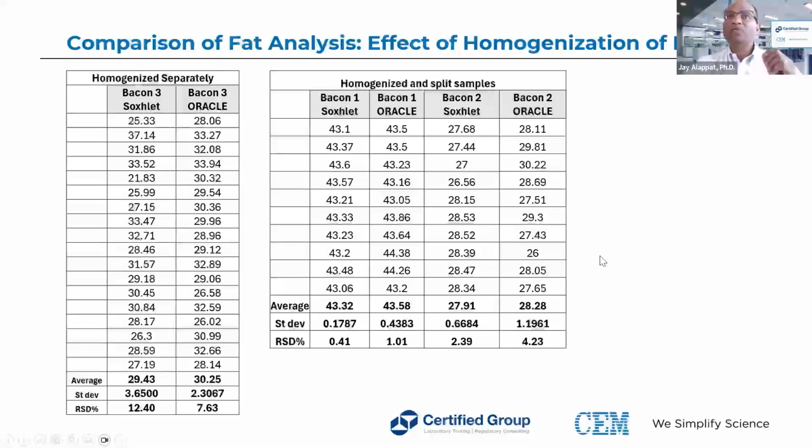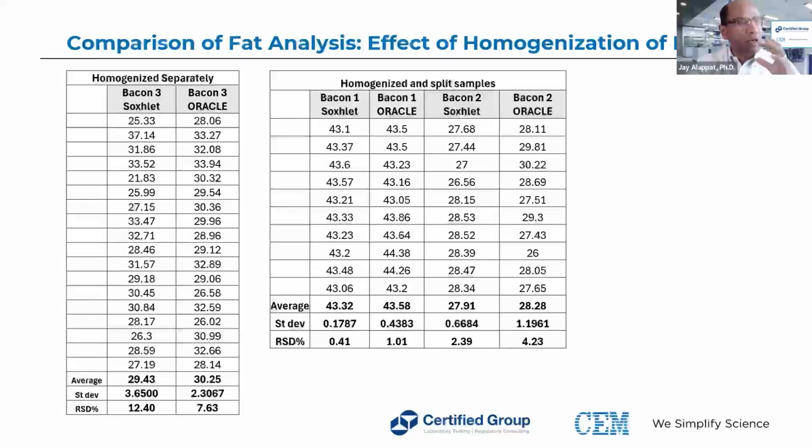When bacon samples were thoroughly homogenized and then split between analyses, both Soxhlet and Oracle produced excellent precision. However, when separate portions were homogenized independently, variability increased substantially for both methods. So the lesson is straightforward: good sample preparation is fundamental regardless of which analytical technology you use. No instrument can compensate for a non-representative sample. That's the message here.